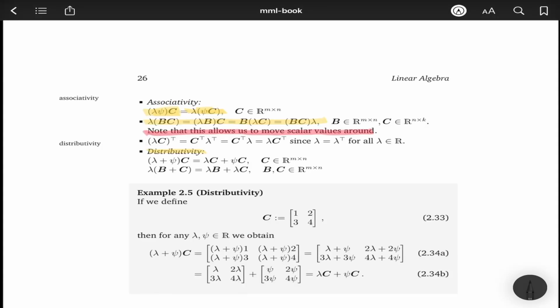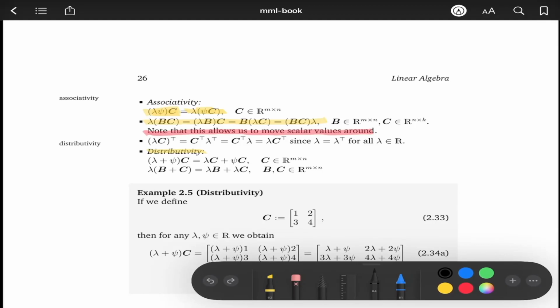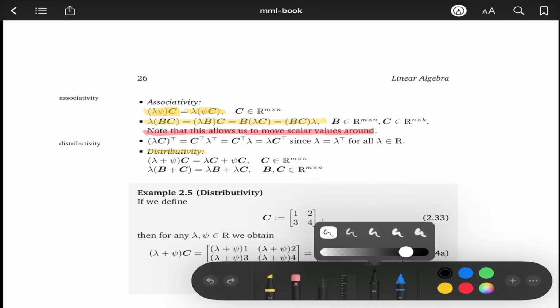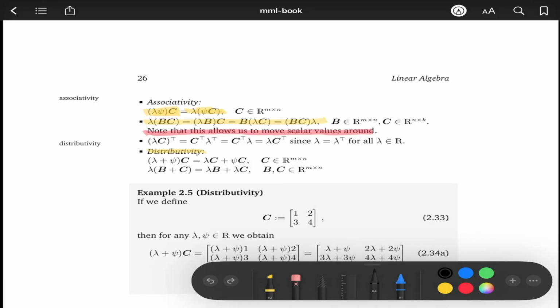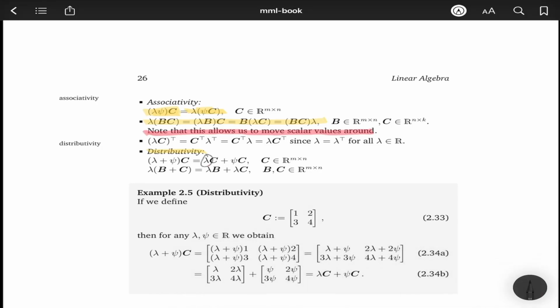So what it says is you can factor out basically the plus and then do the addition first and then the multiplication. So when you have something like that and you multiply it with the same matrix C, you can just do the addition with the scalars first, and then you have to do the multiplication with the matrix only one time.